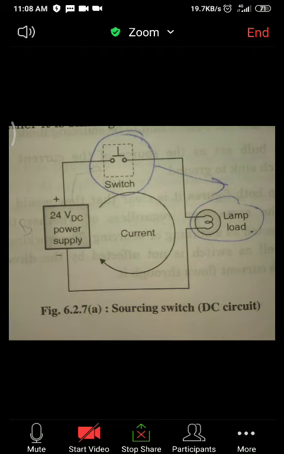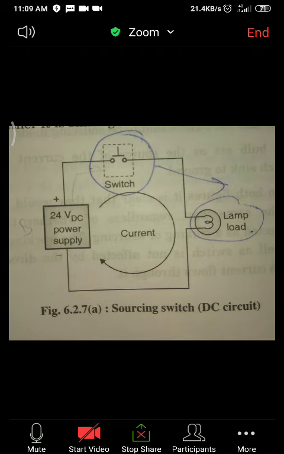That's why here the switch is acting as a source, hence this is called the sourcing concept. Getting? Between the switching device and the load, which one receives current first? Obviously the switch receives current and then the load receives the current, hence the switch is the source of current. Getting?